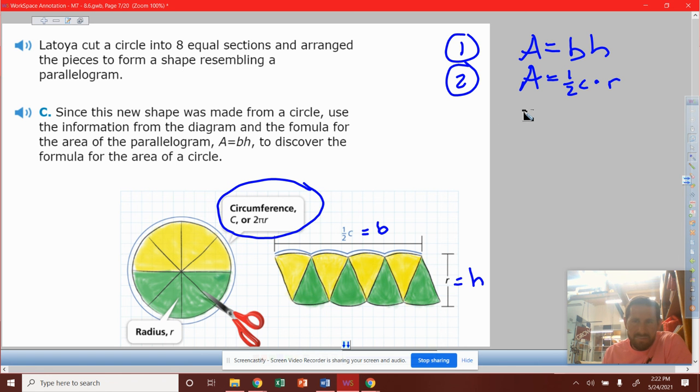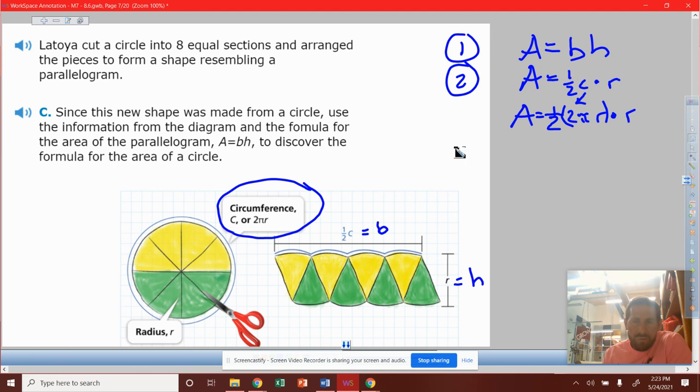So I'm going to get rid of that c, saying that the area is 1/2, circumference is 2 pi r, and we still have this other r we need to bring down. So what I've really done is substitute in for c this expression right here, and the r still comes down.